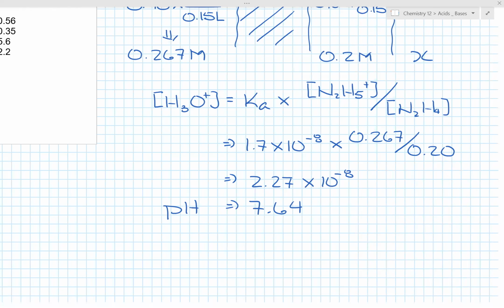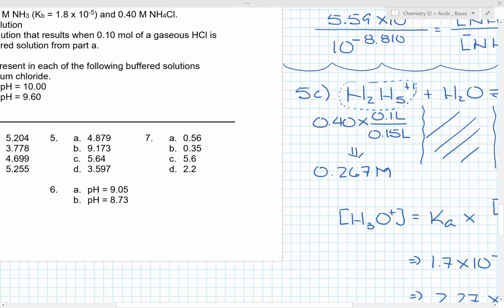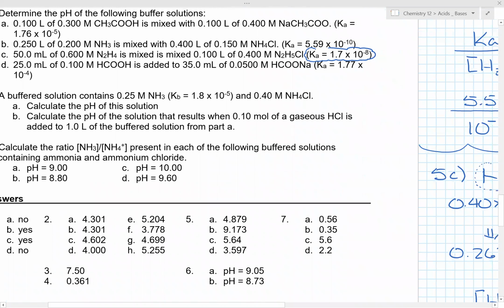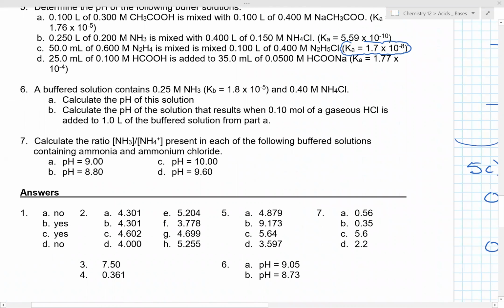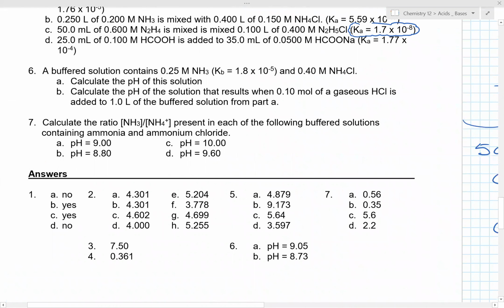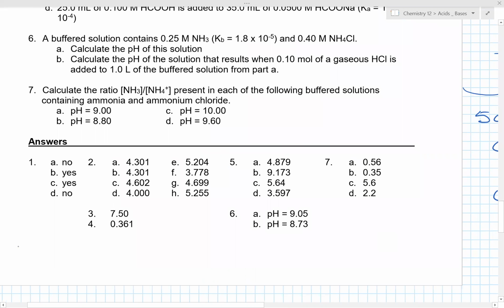Now, the last question would be, in this case, a buffered solution contains 2.5 molarity NH3 and 0.4 molarity NH4Cl. So if we were to do this question here, let me just do it so that we have space. So first off, for question number 2B or 6B, the HCl, remember, reacts with the base.